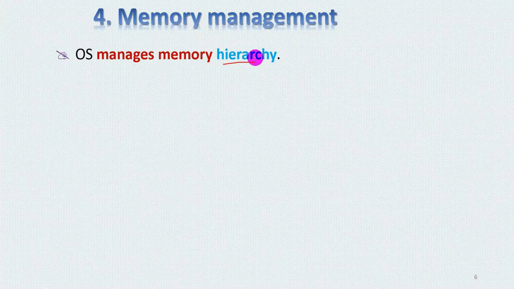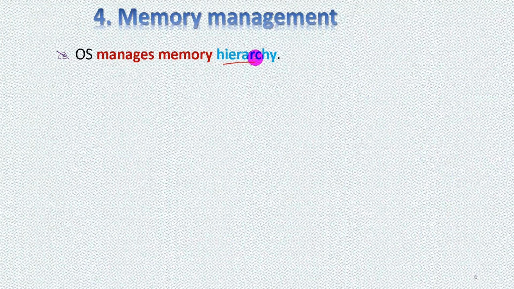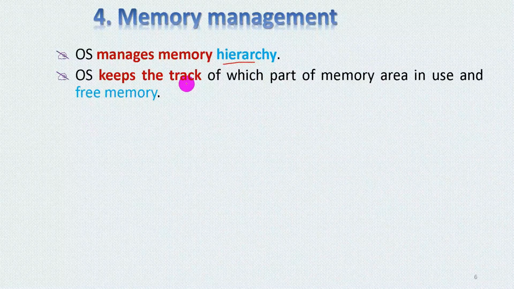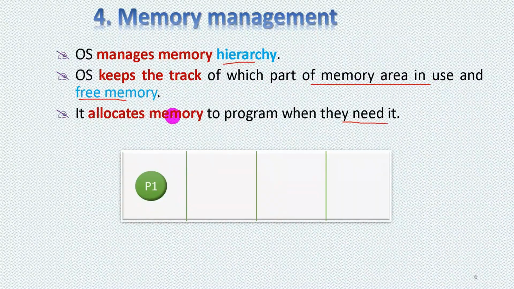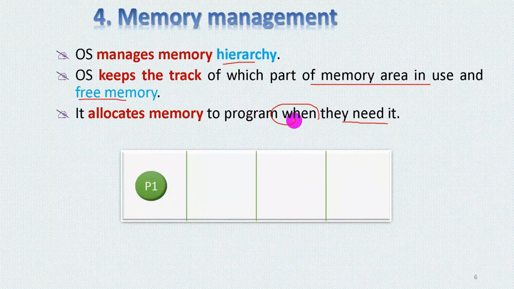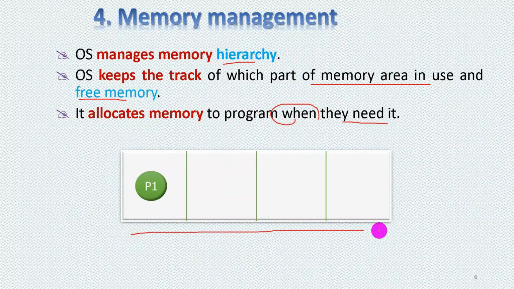This is the memory hierarchy. This memory hierarchy is controlled and managed by the operating system. The operating system keeps track of which part of memory is in use and which part is free. It allocates memory to a program when it needs or requires it. For instance, there is a RAM here. From this RAM, this part is used by process 1.